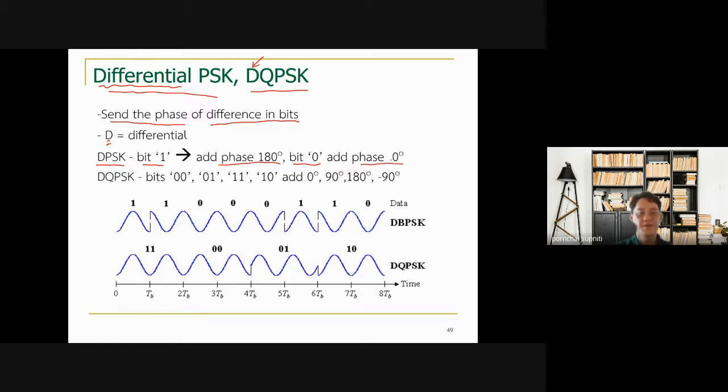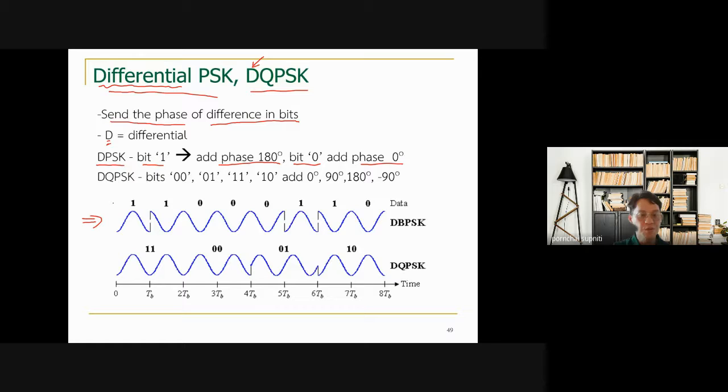Okay. For example, if we take a look at this example, this is very simple with only one cycle per bit. From last time, you notice that for each bit we have many cycles of the carrier, but here it's just for simplicity. So here they use the sine instead of cosine.